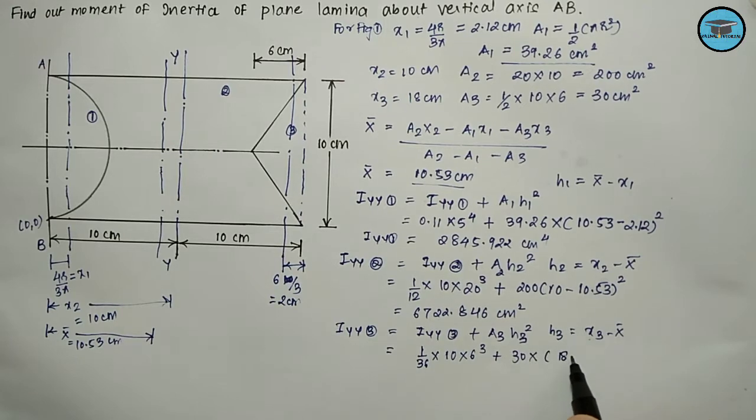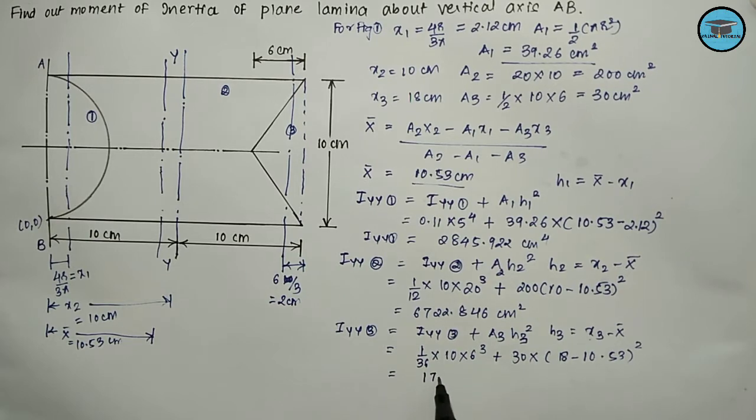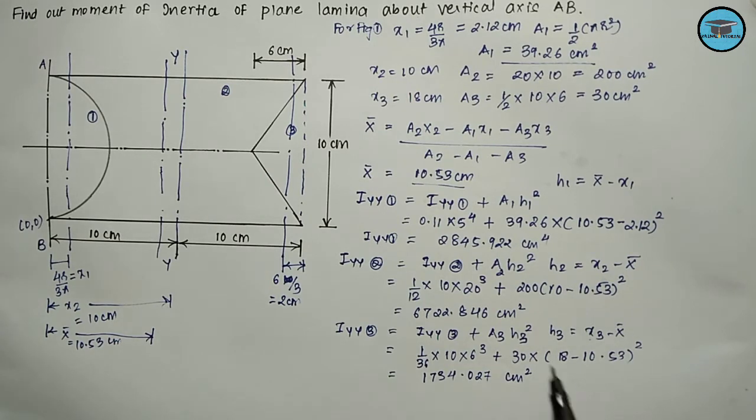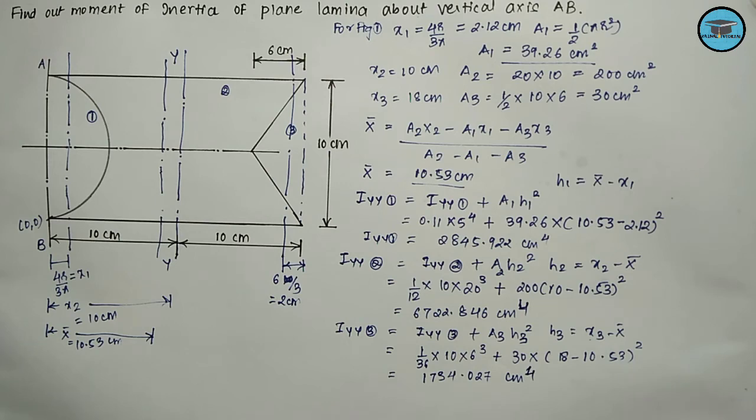So 18 minus x bar, that is nothing but 10.53, okay, so whole square. So we will be getting the value of Iyy3 as somewhat 1734.027 centimeter raised to 4, okay, here also centimeter raised to 4.